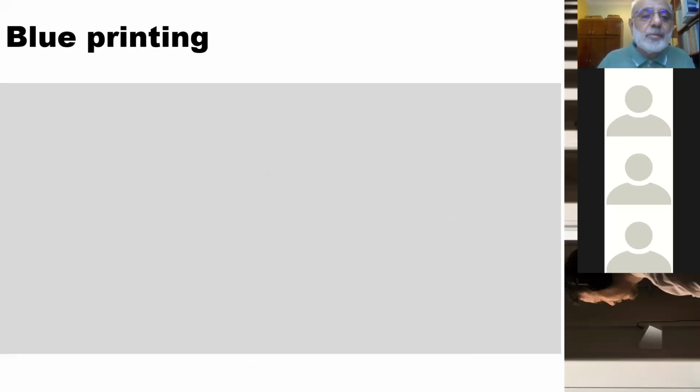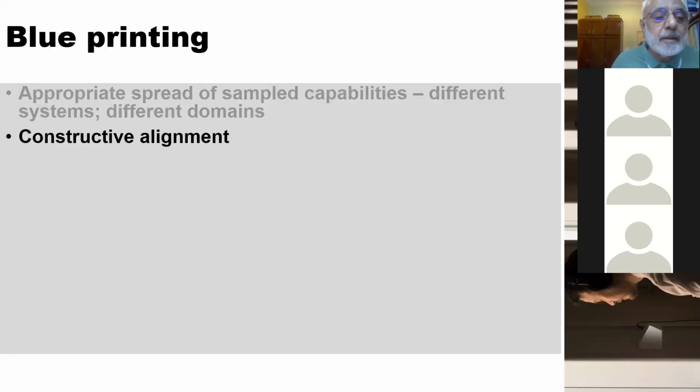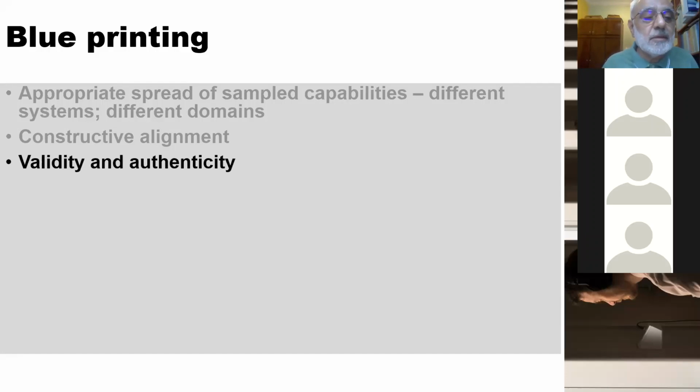To make it purely a clinical examination, we need blueprinting, meaning an appropriate spread of sampled capabilities, different systems, different domains. We must make sure that we are not repeating the same things again and again. And there must be constructive alignment: the curricular outcomes are aligned with the assessment in the OSCE.